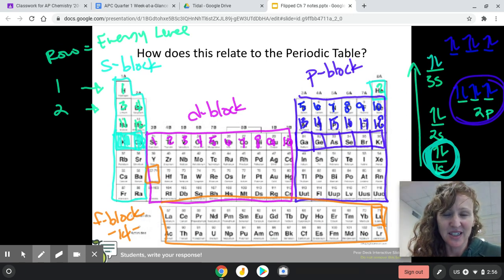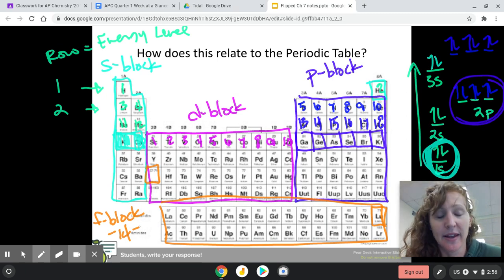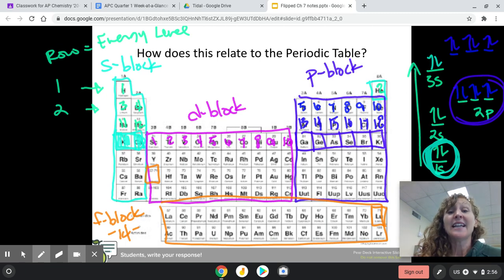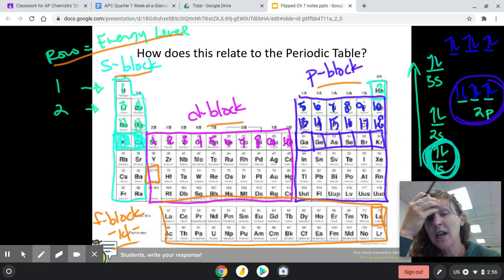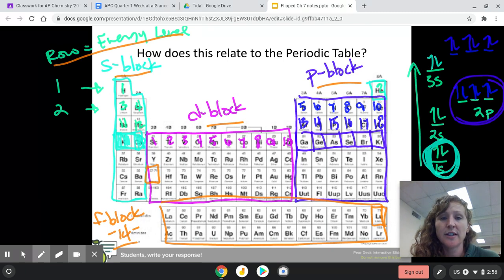And the F block tends to be, there are crazy shapes, right? So the F block tends to be a little bit crazy anyway and doesn't necessarily line up with everything we want it to line up with. Anyway, if you can label the rows as energy levels and you can label these 4 blocks, then this periodic table becomes your order of orbital filling.